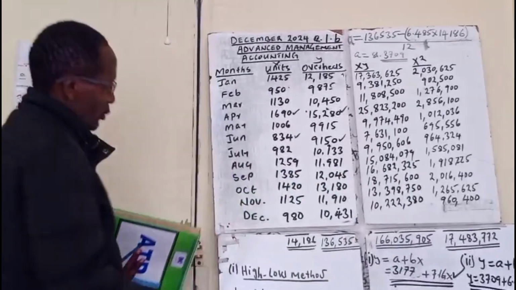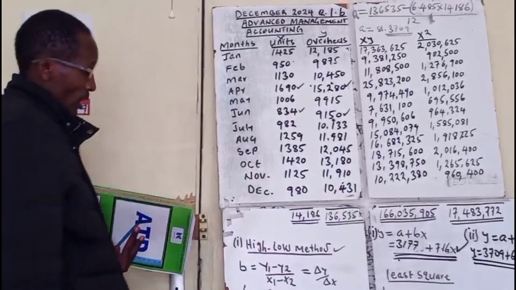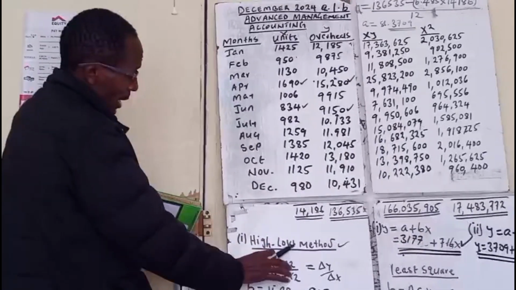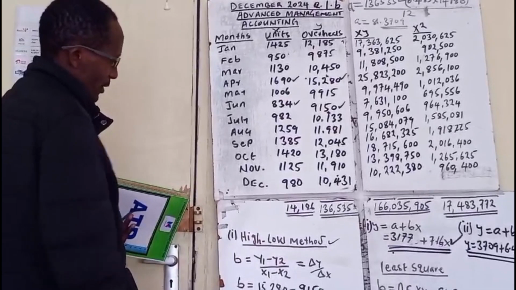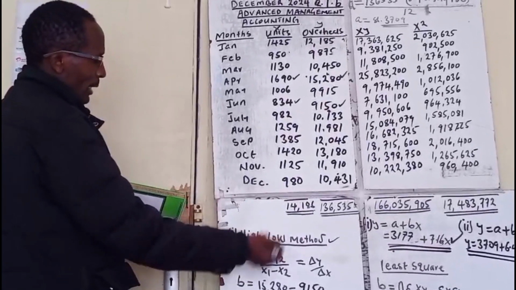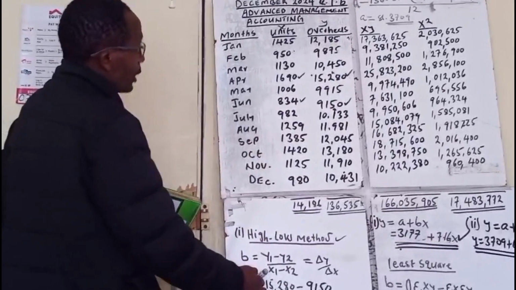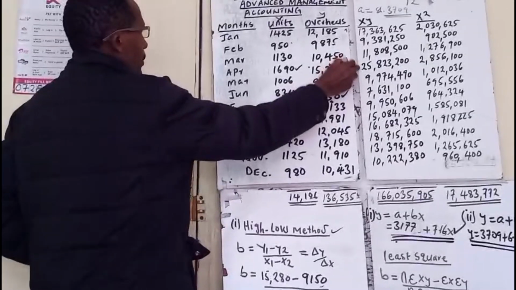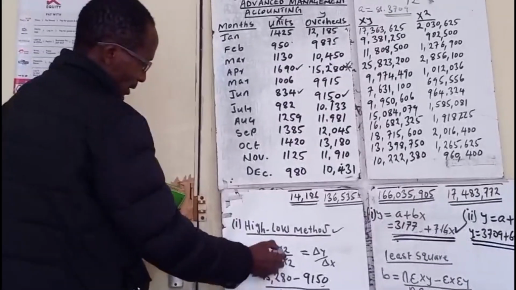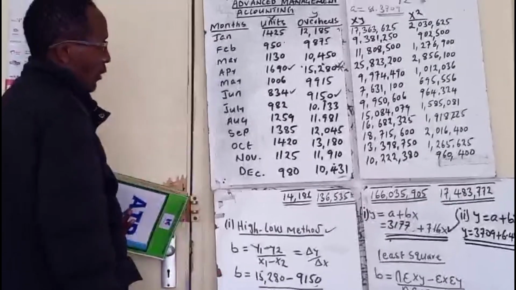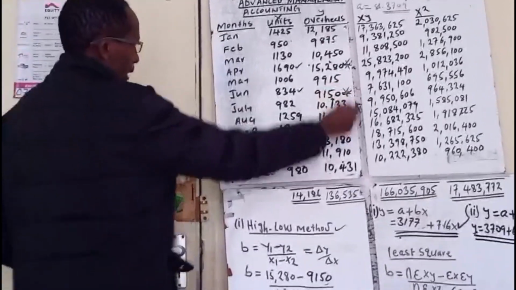Now the first step, as you can see here in our calculations, using high-low method, you take the highest value in the y-axis, and you can call that y1. The highest figure there is 15,280. You minus y2, the lowest value in the y-axis, which is 9,150.